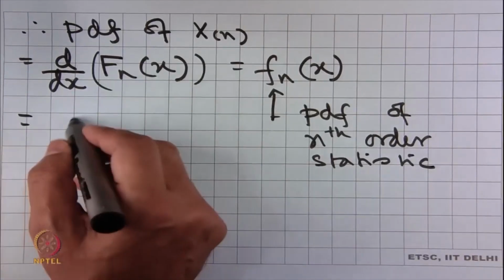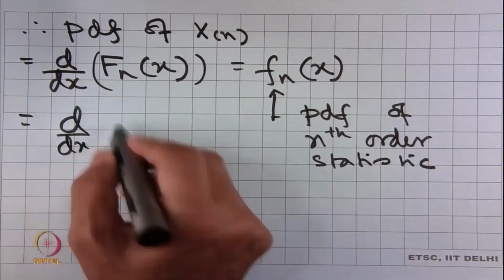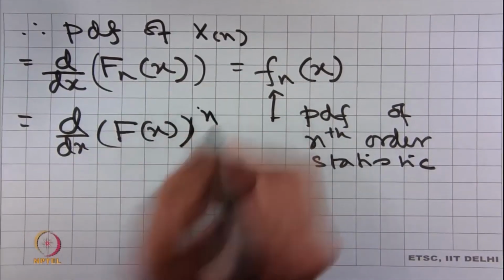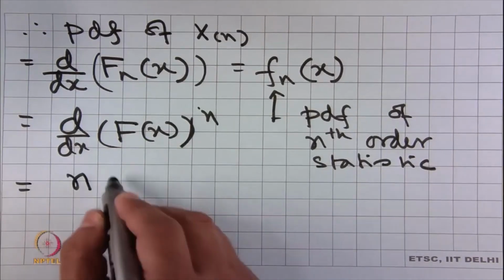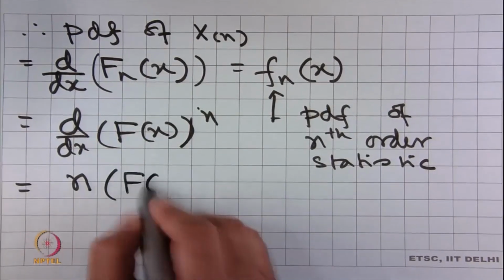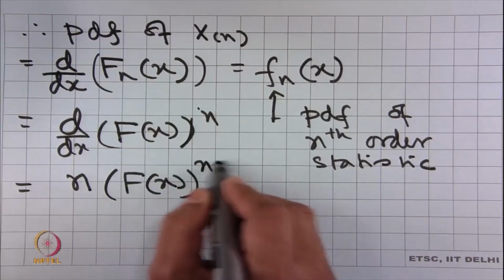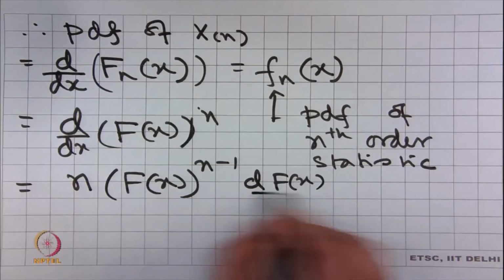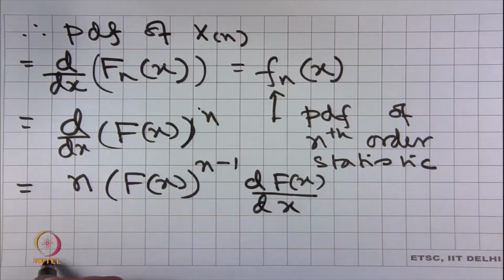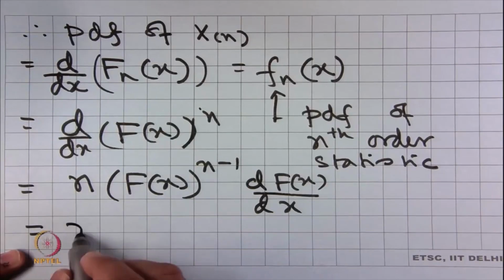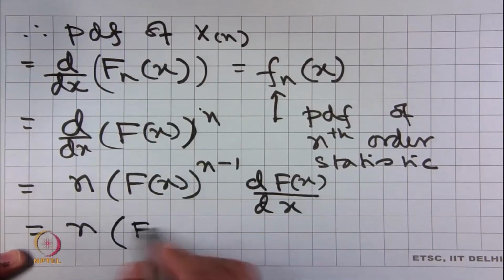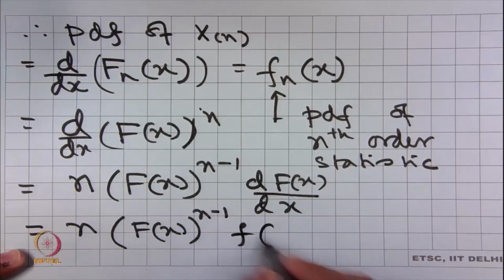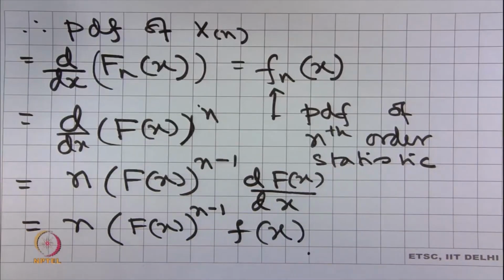It is equal to d/dx of F(x) to the power n, which is equal to n times F(x) to the power n minus 1 times dF(x)/dx, which is equal to n times F(x) to the power n minus 1 times f(x).